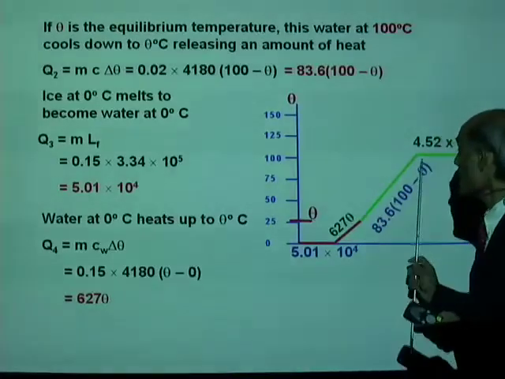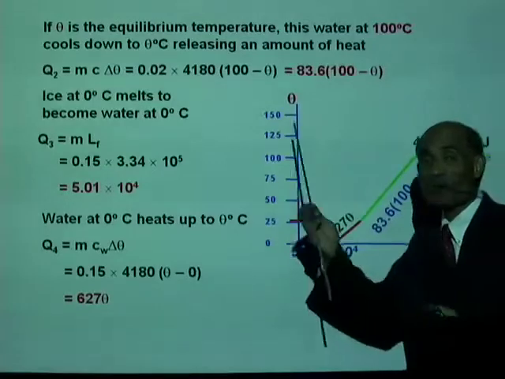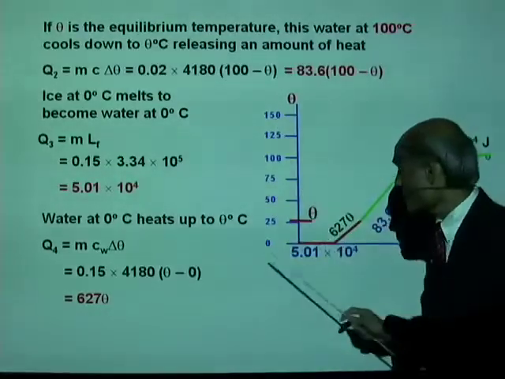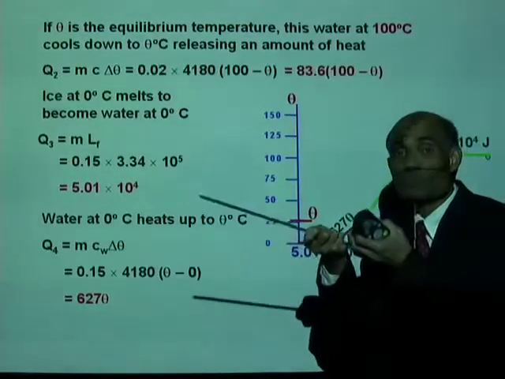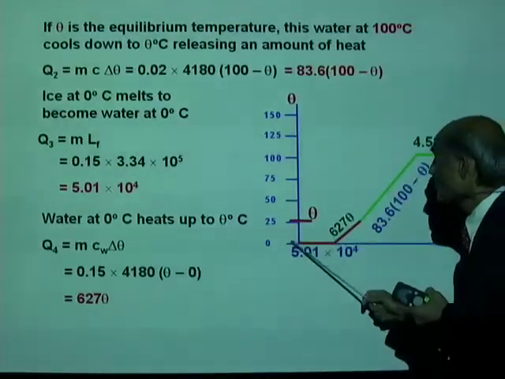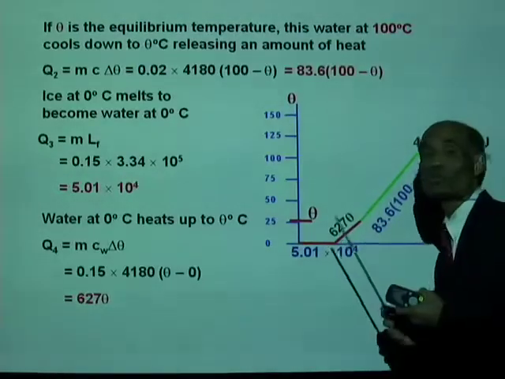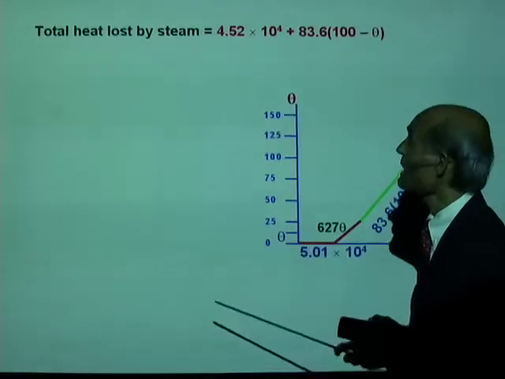Now, if you look here, the green lines represent the amount of heat liberated, and the red lines represent the amount of heat absorbed. The total heat liberated must be equal to the total heat absorbed. Alright, let's do that in the next page.